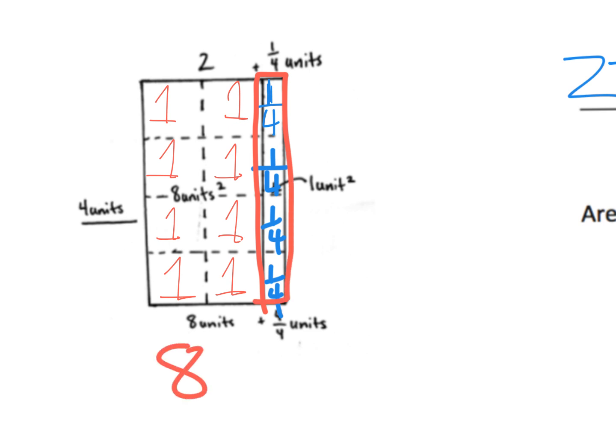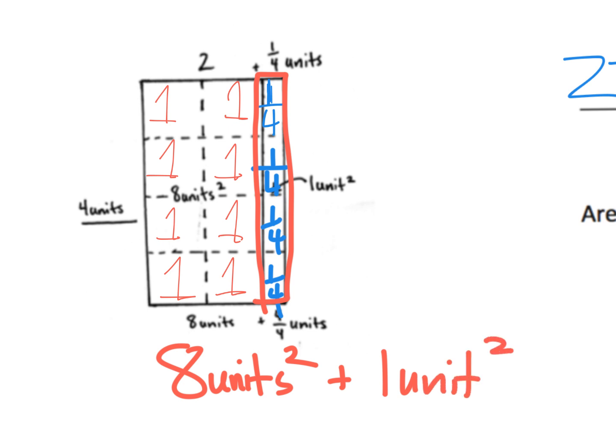So we have 8 squared units, or units squared. And then plus we have 1 more squared unit. How do we know? Well, because we've got fourths here, and we have 4 fourths, and 4 fourths equals 1 whole unit.